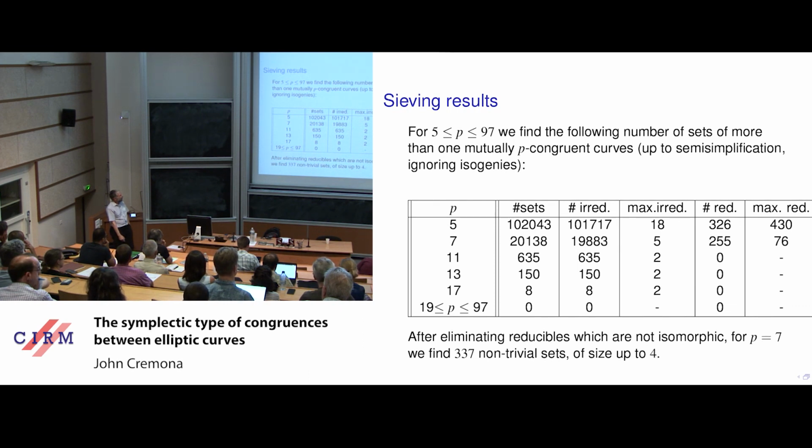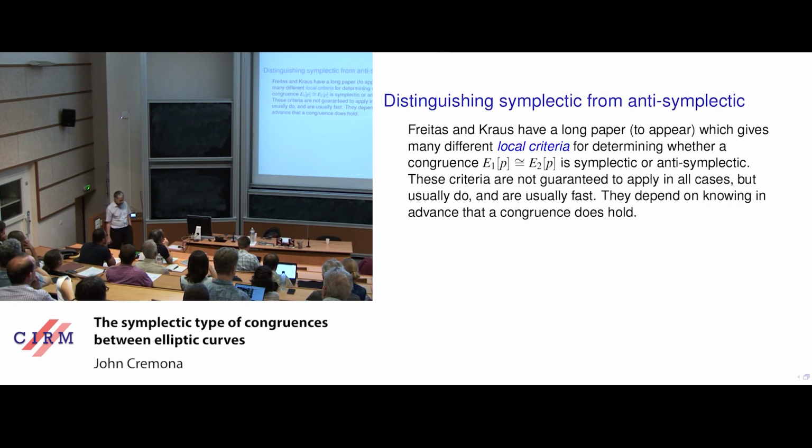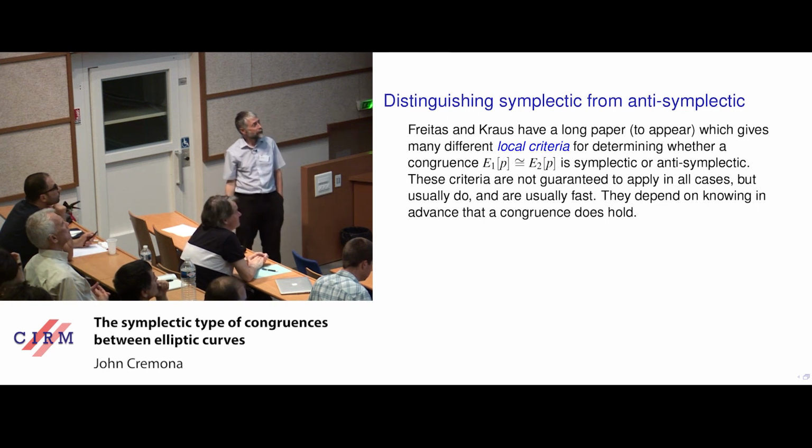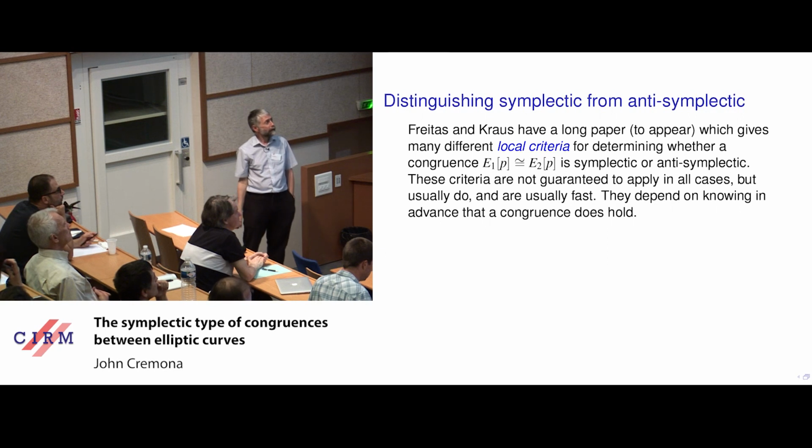Okay? So far I haven't said anything about whether these congruences are symplectic or not. So now let's go on to do that. When we started this project, Nuno Freitas had his great long paper, over 100 pages, which I gather is now to appear, with a whole lot of different local criteria for determining whether a given congruence is symplectic or antisymplectic.